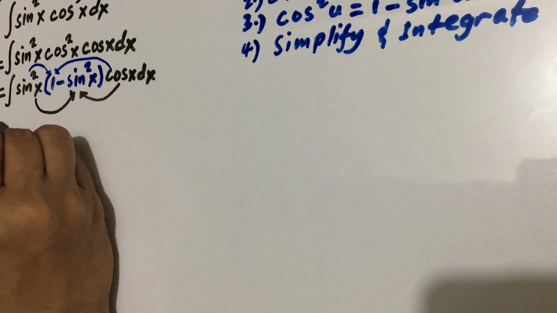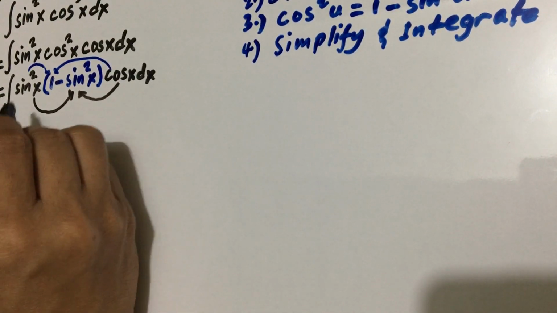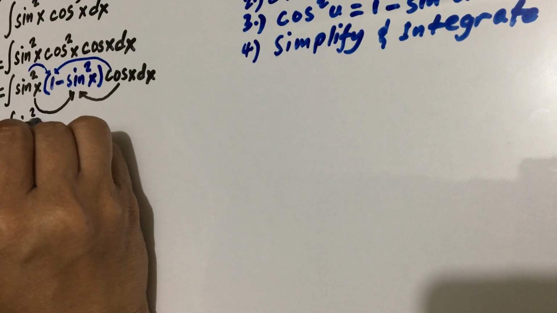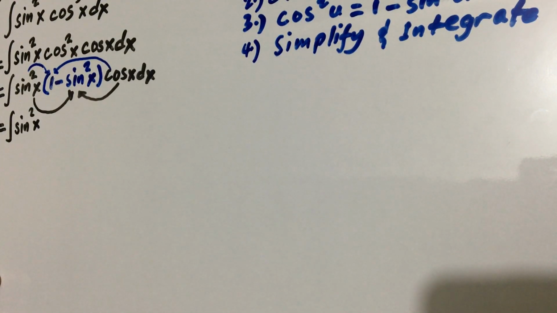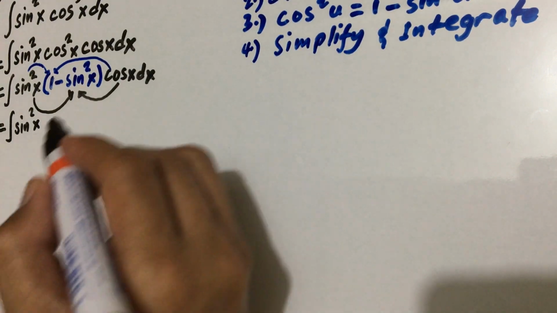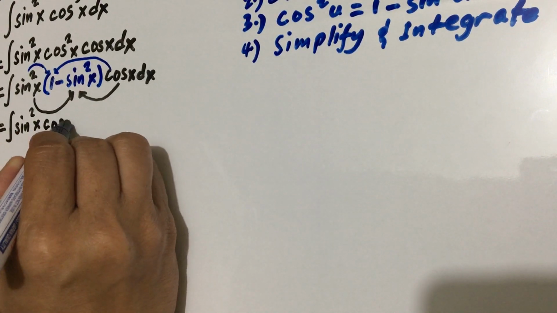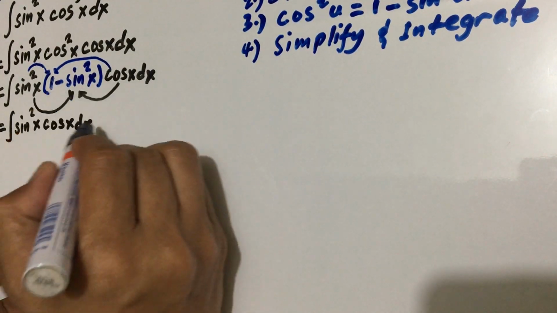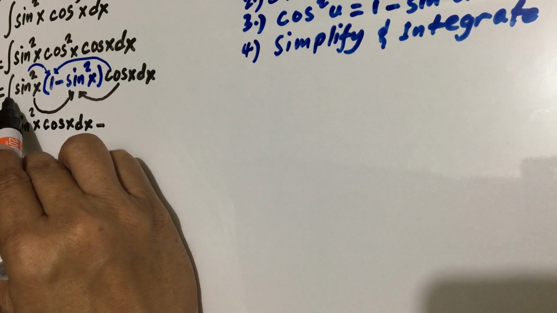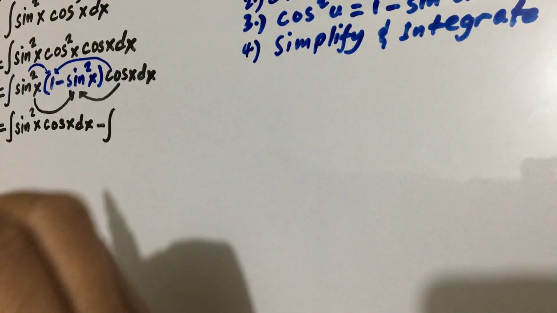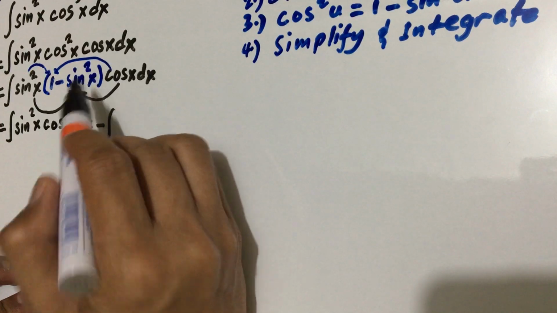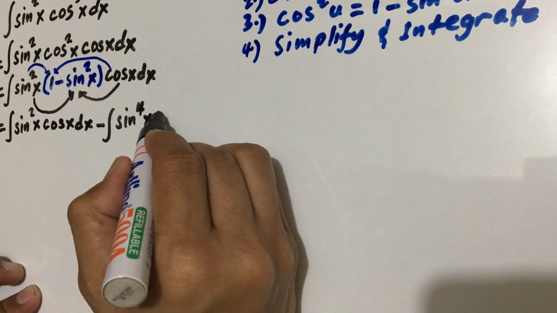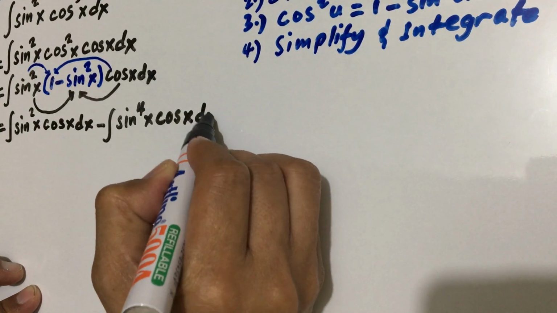So this is now equal to the integral of sine squared x times cosine x dx, then minus, because this is minus, the integral of sine squared x multiplied by sine squared x, which will be sine to the fourth x, times cosine x dx.